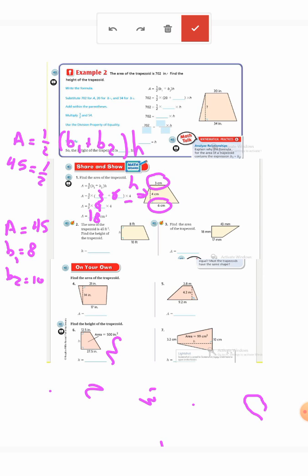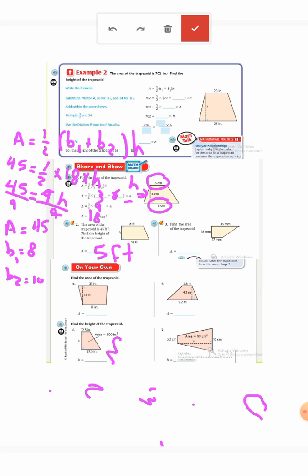Half B1 plus B2 is 18 multiply height. Half 18 is 9. Excellent. 9h. 9h means multiply, we have to divide both by 9. 9 cancelled with 9, so h equals 45 divide 9, which is what? Excellent. 5 feet. Excellent still.